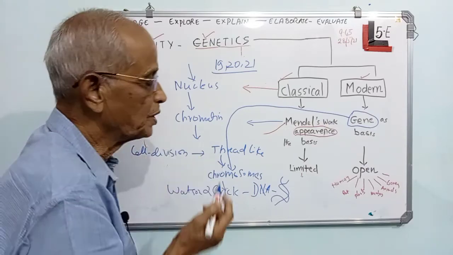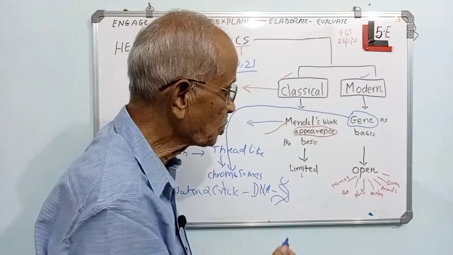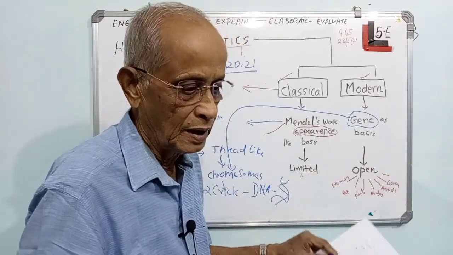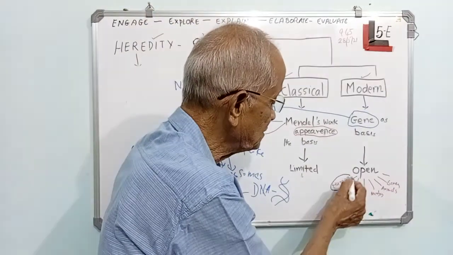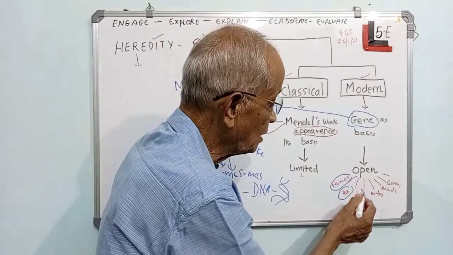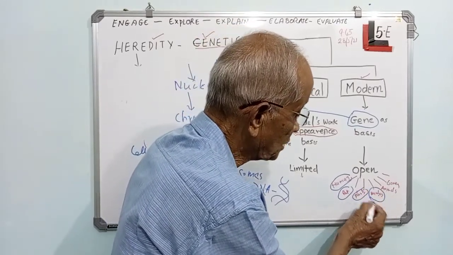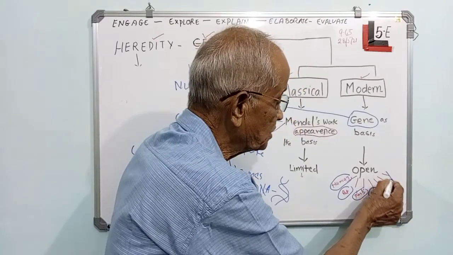So now the gene is the basis for heredity, and this has opened up a lot of studies. Today humans can be studied, rats can be studied, plants can be studied, microbes can be studied, animals can be studied using genes.